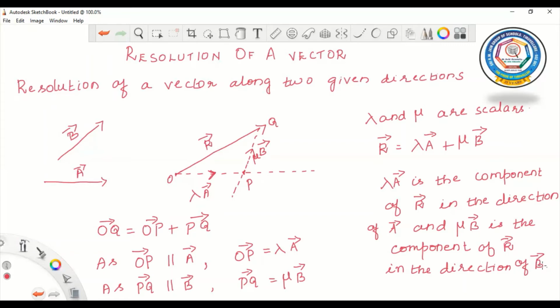So I told you that the component of a vector in any given direction gives a measure of the effect of the given vector in that direction.